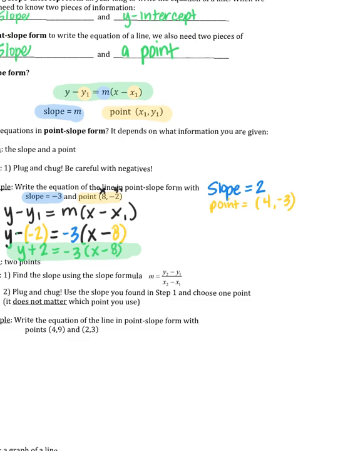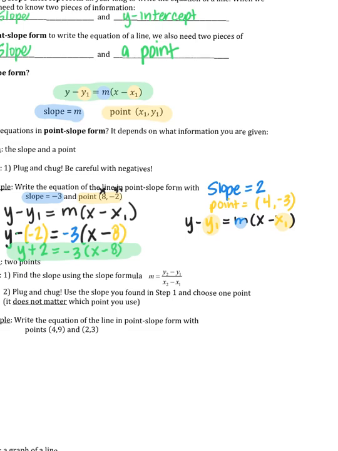just because I like to learn it that way, and I can see where to plug things in. So y minus y1 equals m times x minus x1. And again, let's highlight our information. Our slope is going to go there in our formula, and our points are going to go here and here. So let's rewrite and substitute.